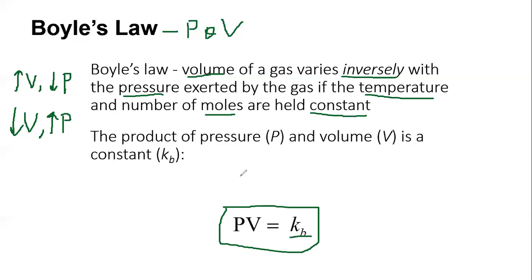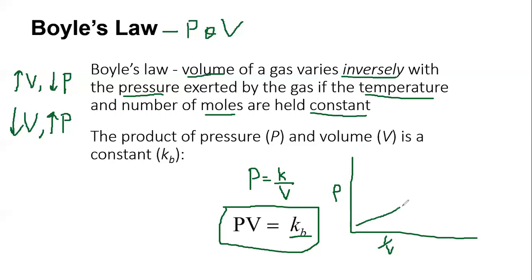And so what happens is if you rearrange this and you write P equals K divided by V, and you plot the pressure versus 1 over V, you'll get a linear line.